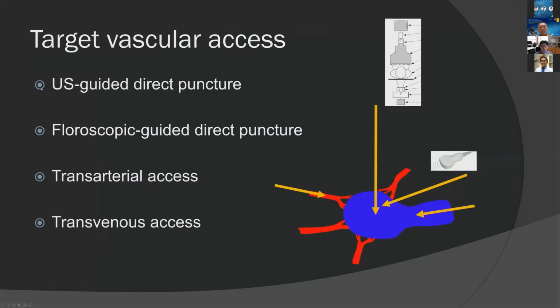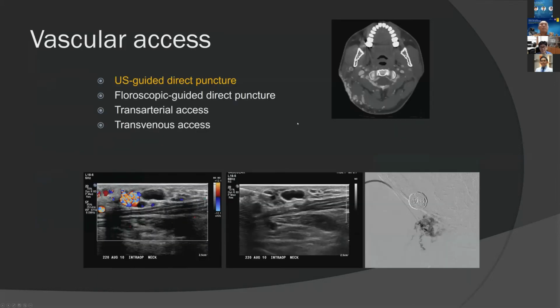There are 4 target vascular access methods. One is ultrasound guided, another is fluoroscopic guided, and transarterial and transvenous access are commonly performed during the procedure. This is an example of ultrasound guided direct puncture.